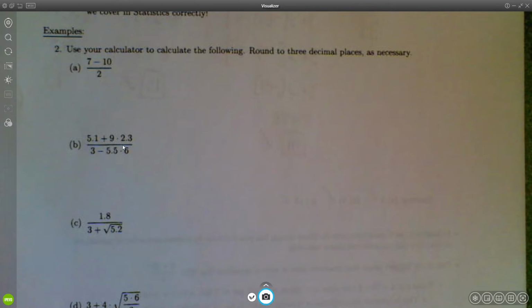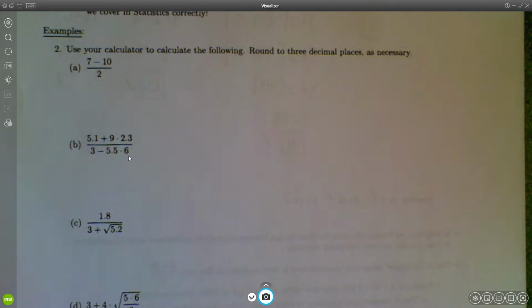Part B was 5.1 plus 9 times 2.3 all over 3 minus 5.5 times 6. So when I punch this into the calculator, I'm going to need parentheses around this stuff in the numerator, and I'm going to need parentheses around this stuff in the denominator. If I leave off the parentheses, then it'll just do 5.1 plus 9 times 2.3 divided by 3 minus 5.5 times 6.